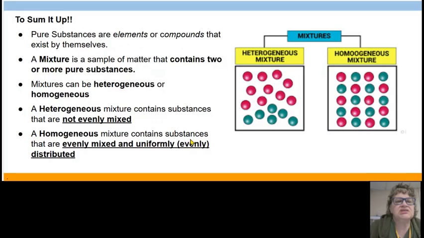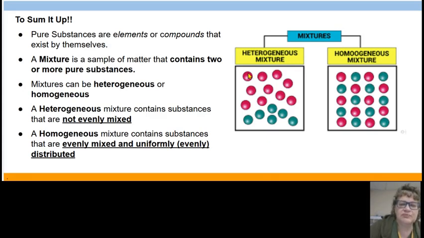All right. So to sum it up, pure substances are elements or compounds that exist by themselves. Okay. So let's say that this is water and this is sand. Water exists by itself. Sand exists by itself. Okay. A mixture is when two or more pure substances are put together, right?